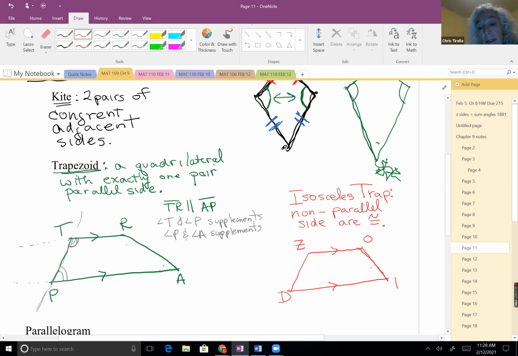ZO is parallel to ID. And so DZ is congruent to OI.